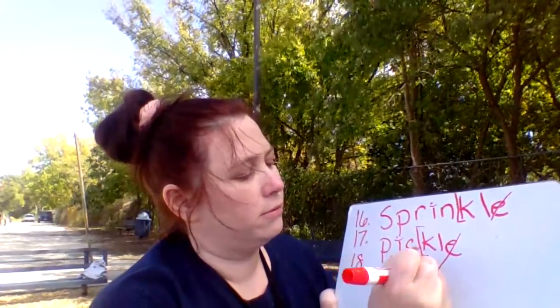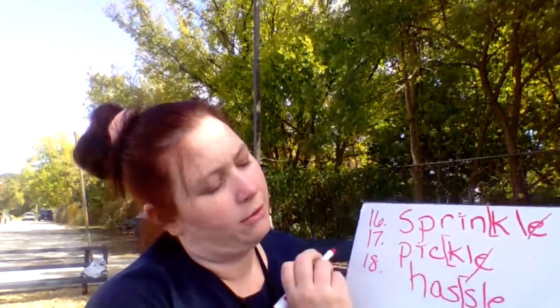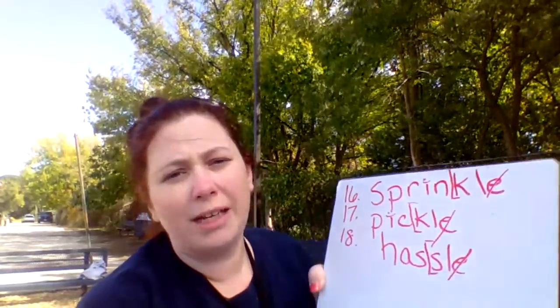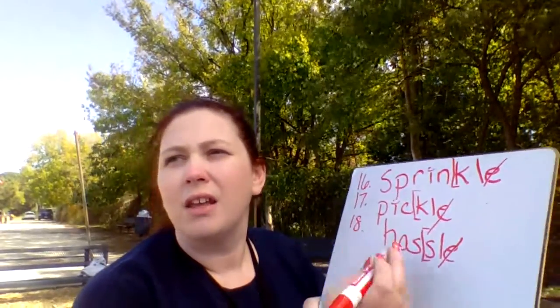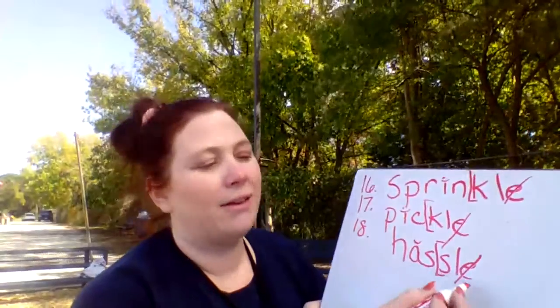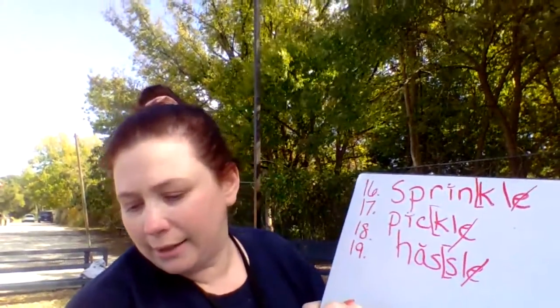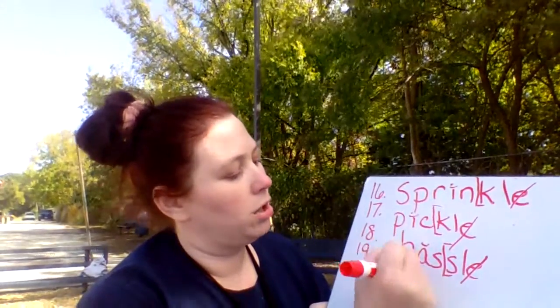Number 18, hassle. And we're going to go right here between our double letters, bracket it off, cross off our E, and then we get a brev here because we have vowel consonant, hassle. Number 19 is buckle.